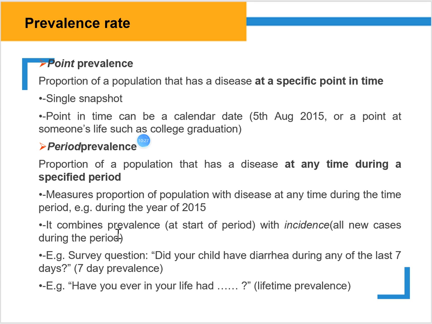It combines prevalence with incidence, such as survey question: did your child have diarrhea during any of the last 7 days? This is 7 days prevalence. Such as, have you ever in your life had? This is lifetime prevalence.